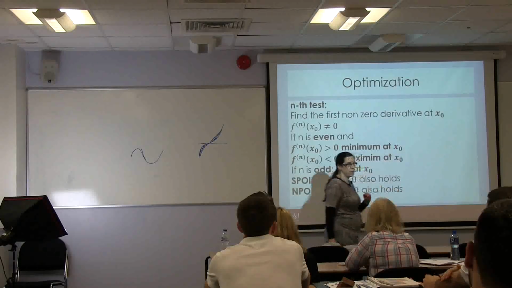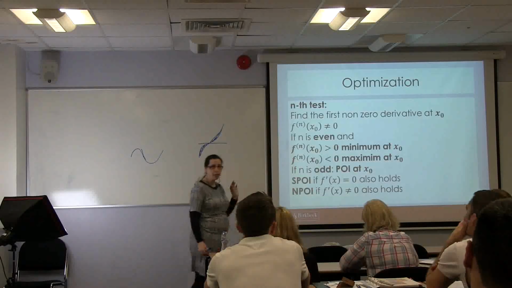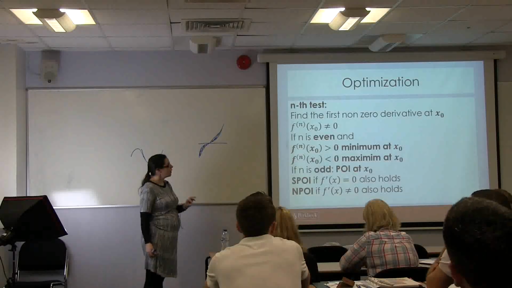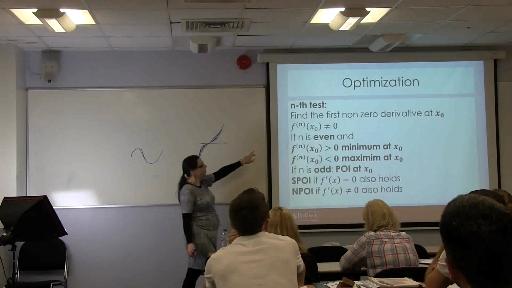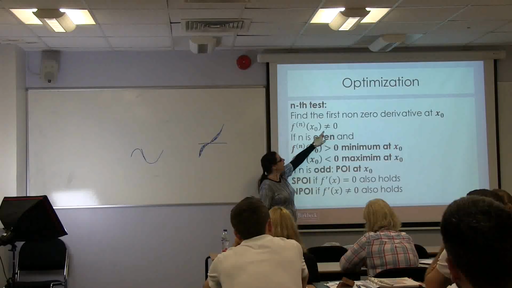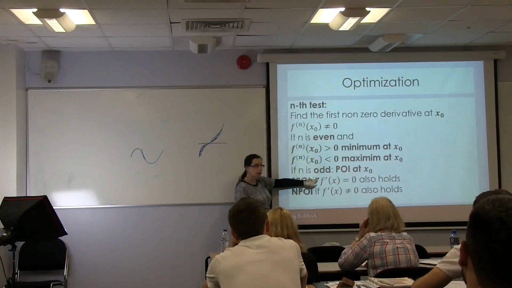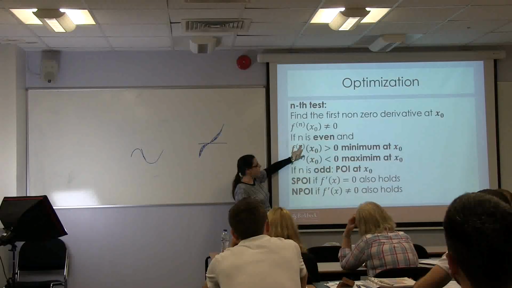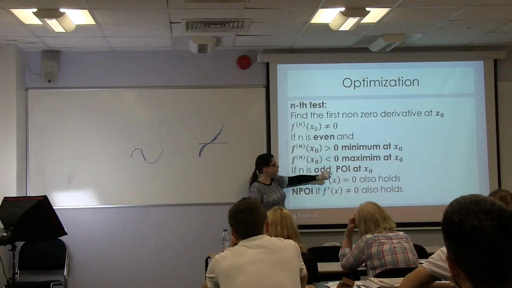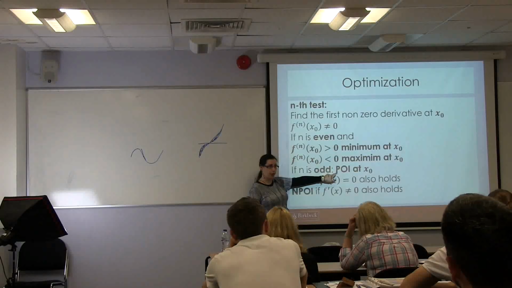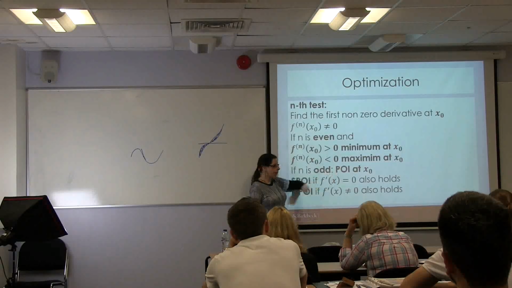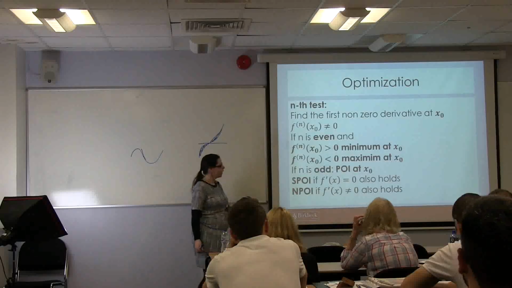The test is simply: I keep differentiating until I end up with something that is non-zero. And depending on whether the power is even or odd, I either found extreme points, minimums, maximums, or a point of inflection.